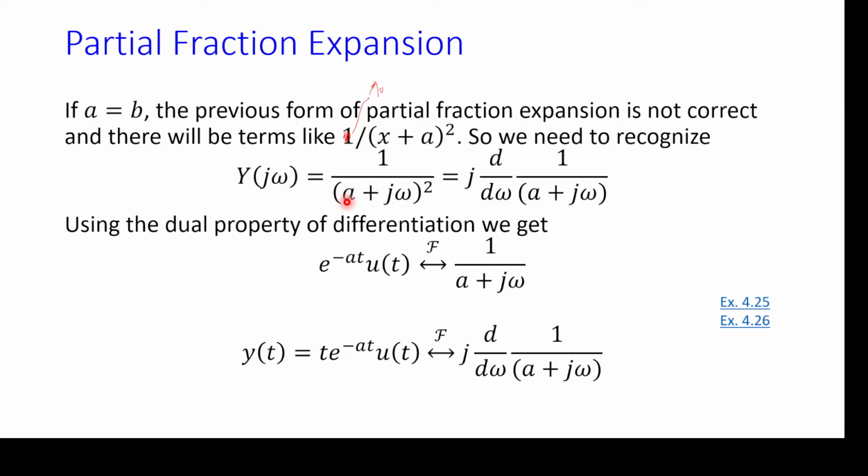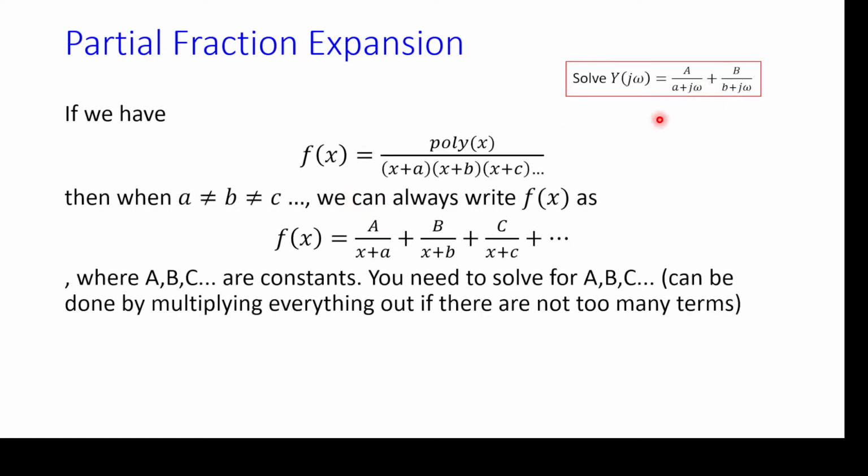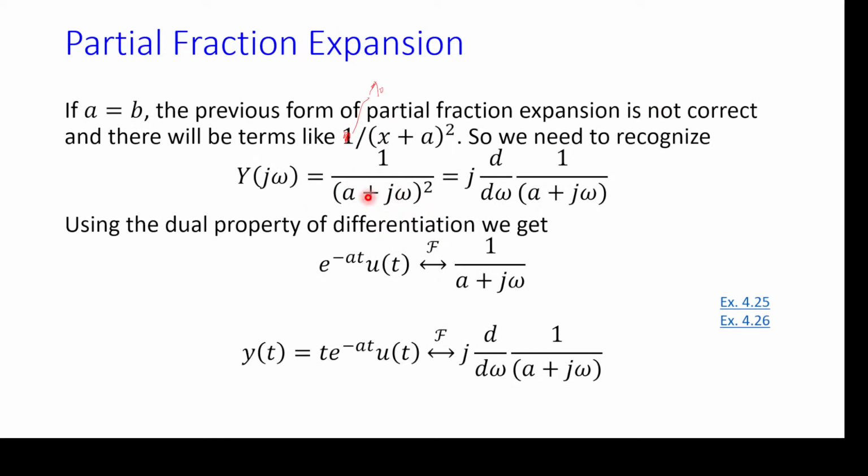We know the inverse Fourier transform of 1 over a plus j omega, and 1 over a plus j omega and 1 over a plus j omega squared are pretty similar in that you can get this square by doing a derivative with respect to omega on this 1 over a plus j omega. Okay? So if we do the derivative here, there will be some j and minus sign flying out, and if you sort it out, you will also get an extra j here.